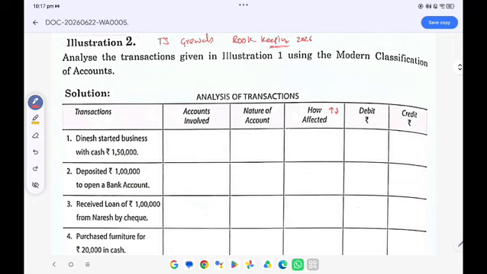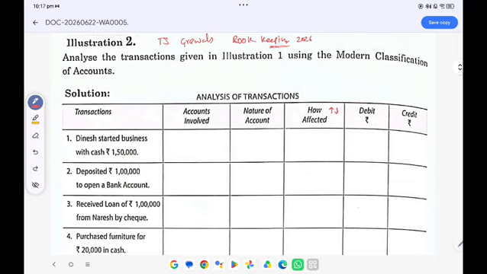After this class, you are able to solve on your own, in a business transaction, how many accounts are involved, what kind of account it is, how it will be affected. You are able to identify whether it is debit or credit. So let us move to the problem.